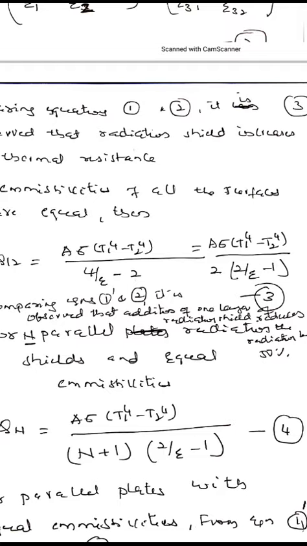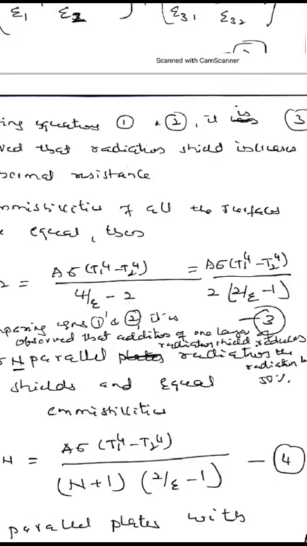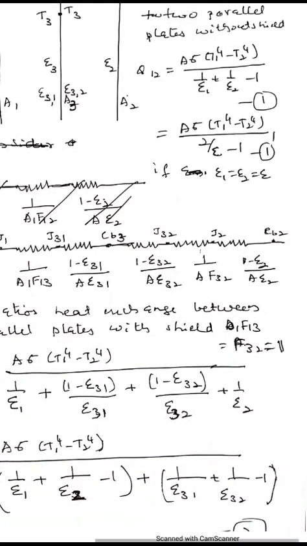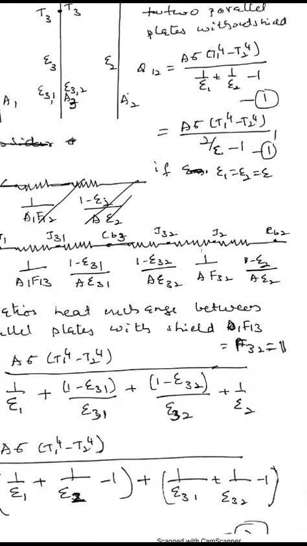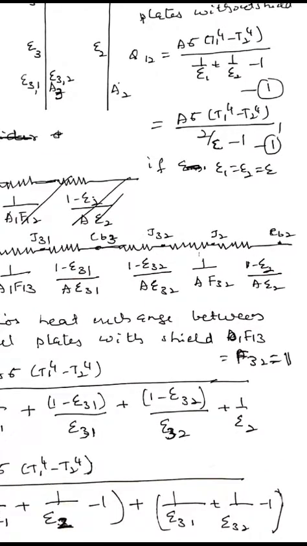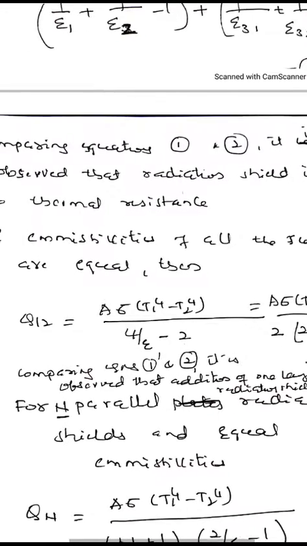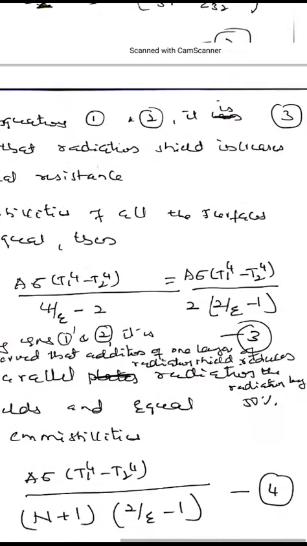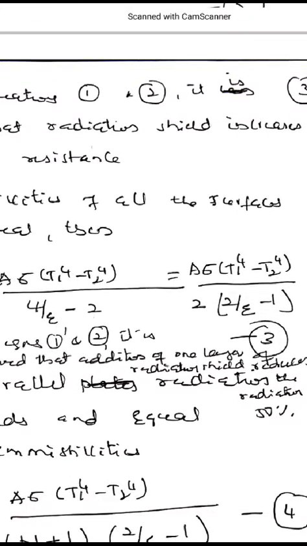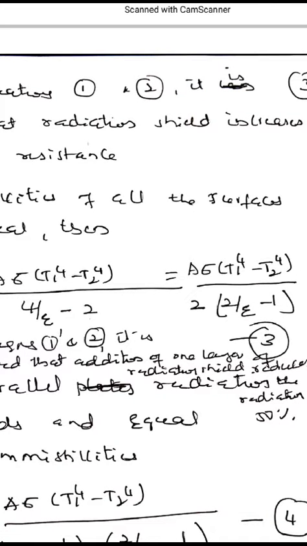That is equation number 3. Comparing this equation 3 with 1 dash, it is found that radiation heat transfer with the radiation shield is reduced by 50% by the addition of one layer of radiation shield.